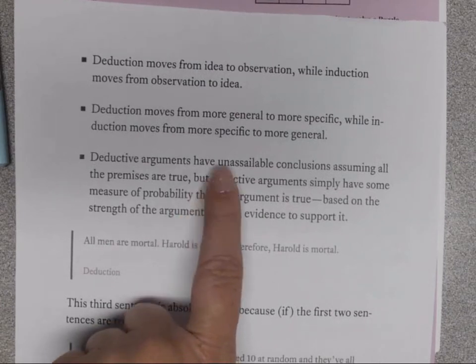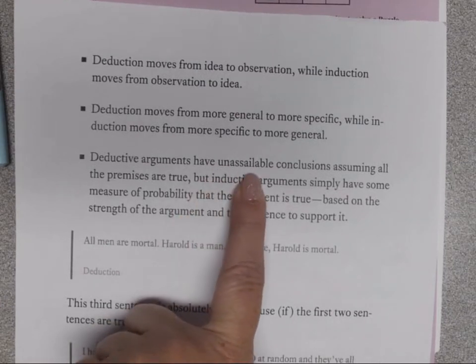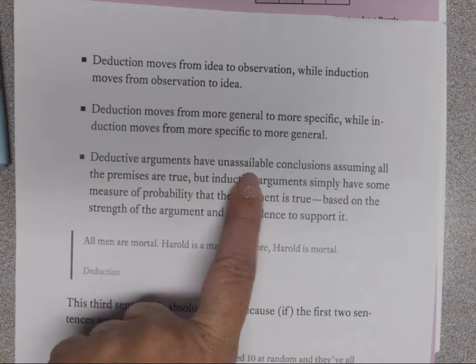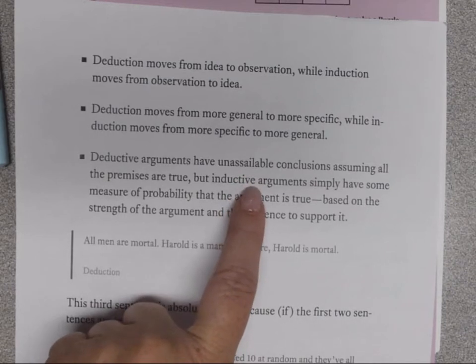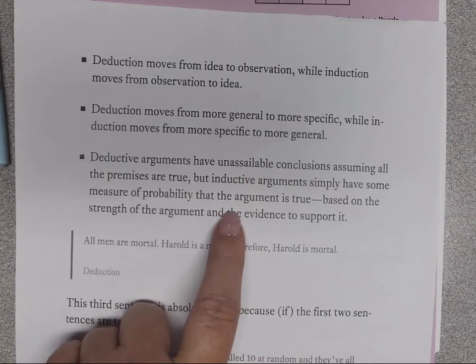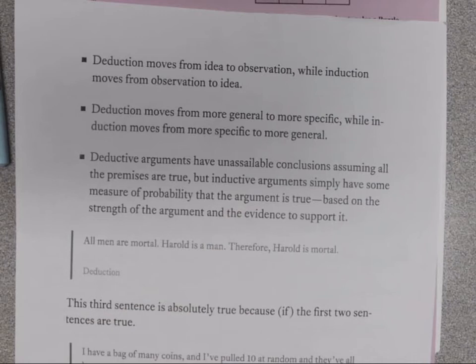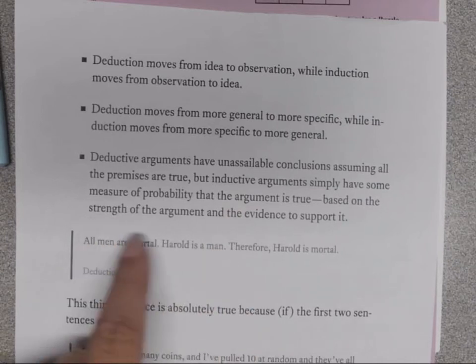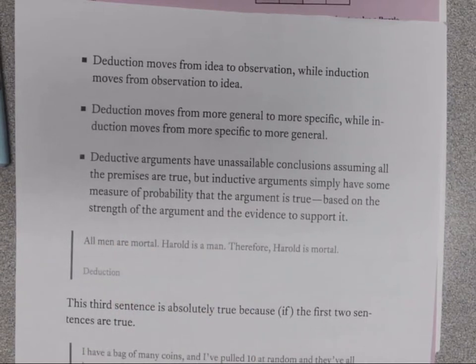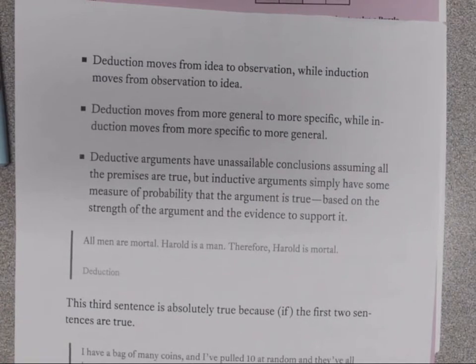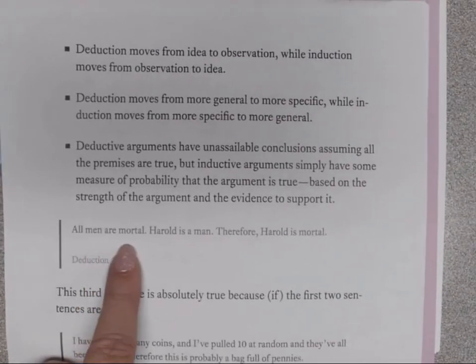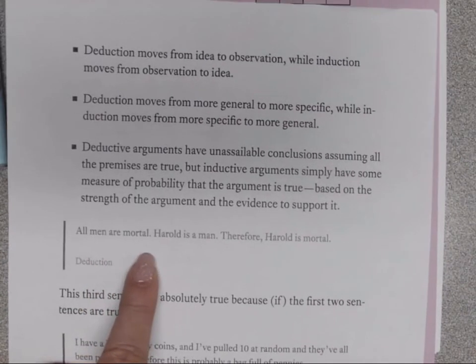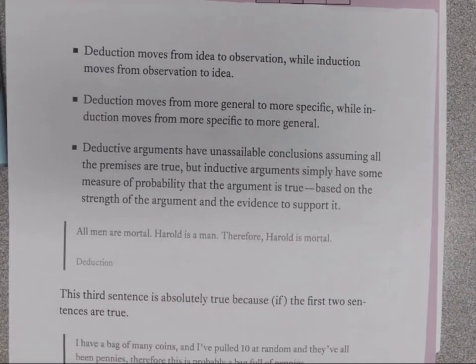Deductive arguments have unassailable conclusions, assuming all the premises are true, but inductive arguments simply have some measure of probability that the argument is true, based on the strength of the argument and the evidence to support it. So for deductive reasoning: all men are mortal, Harold is a man, therefore Harold is mortal.